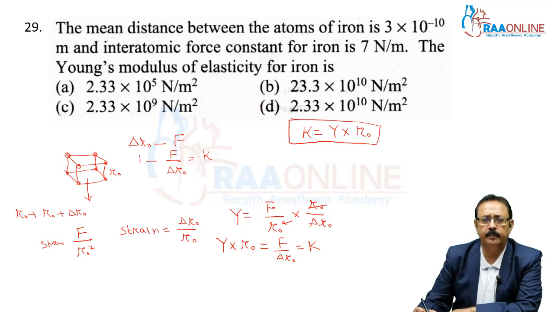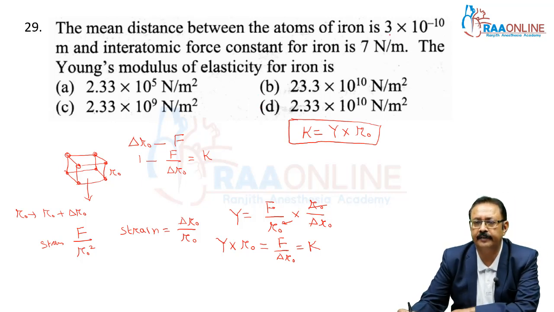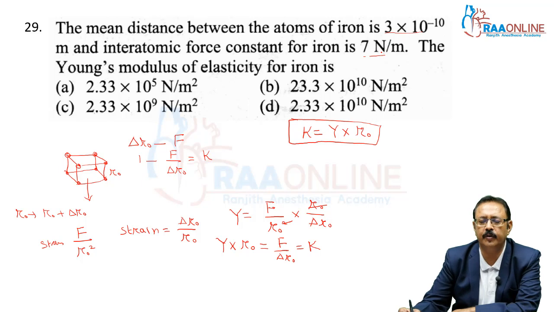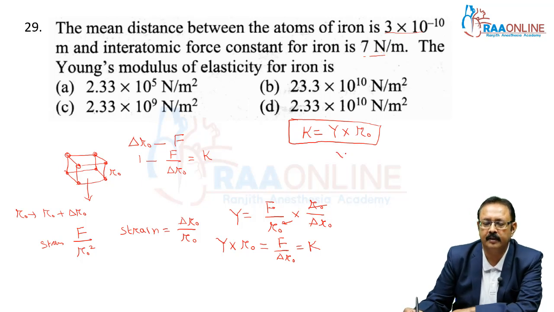So in this problem, R0 was given and the interatomic force constant was given. You want to calculate Young modulus. So for this problem, I am writing Y is equal to k upon R0. What is k? In SI unit, 7. What is R0?